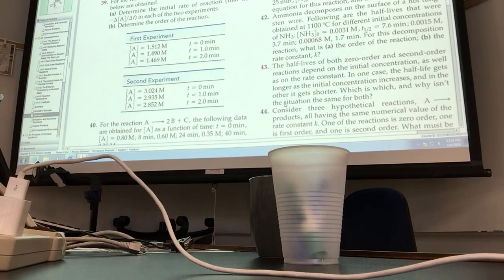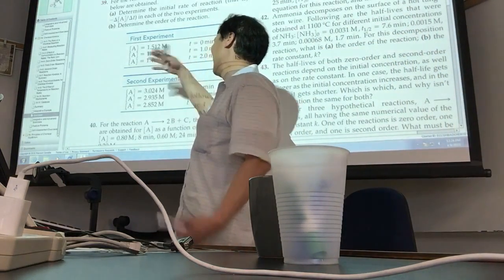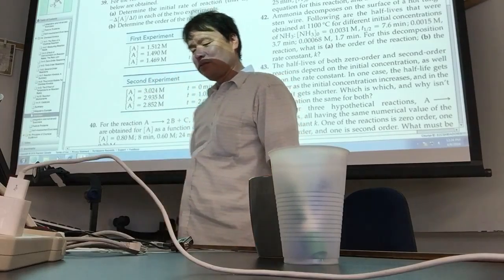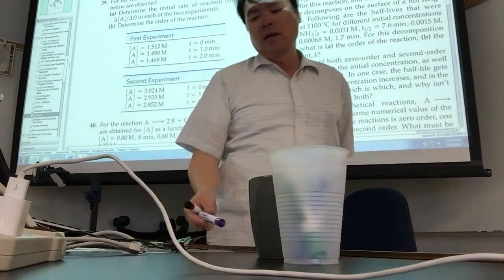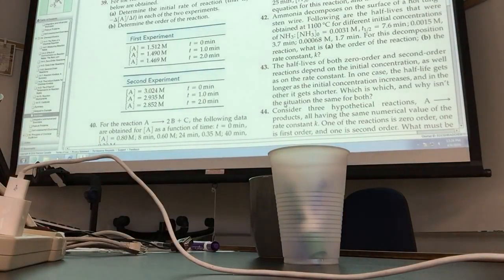If that's hard to do, then what we can do is graphical analysis. So whether we look at this data table here or graph this, it kind of looks the same. I can't tell if it's zero order, first order, or second order. And so as far as graphical analysis goes, what we're going to do is make plots.